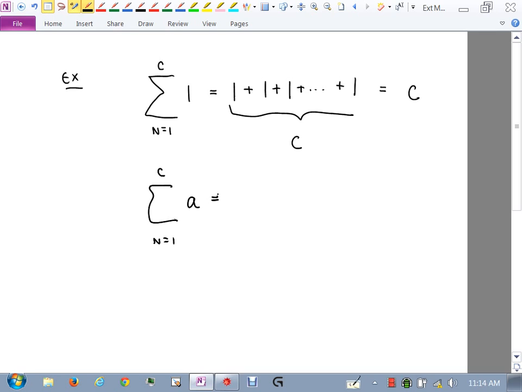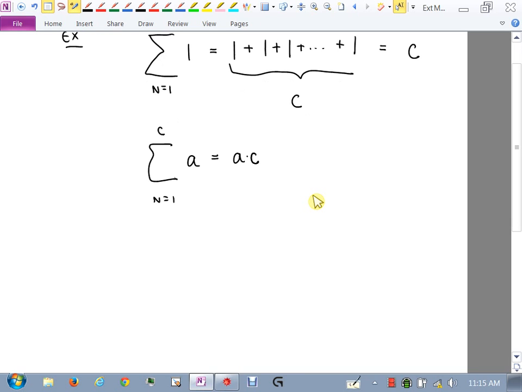How many of them? c of them. So this would be a times c. So you just take this constant and multiply it times this constant, and you would get a times c. That make sense? All right.